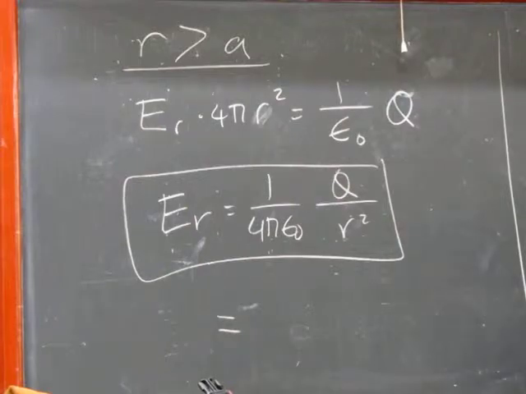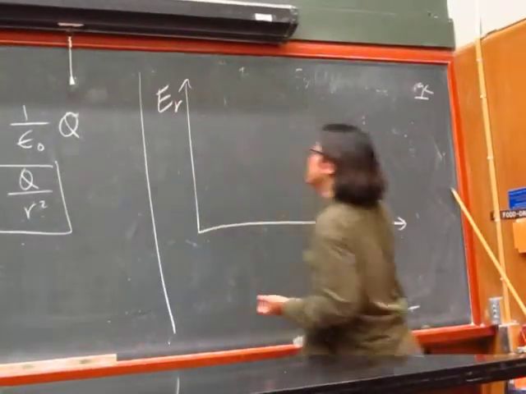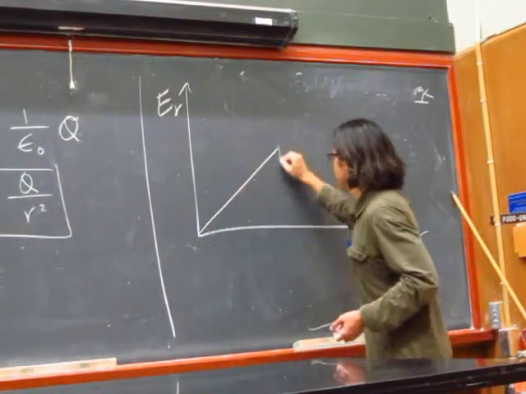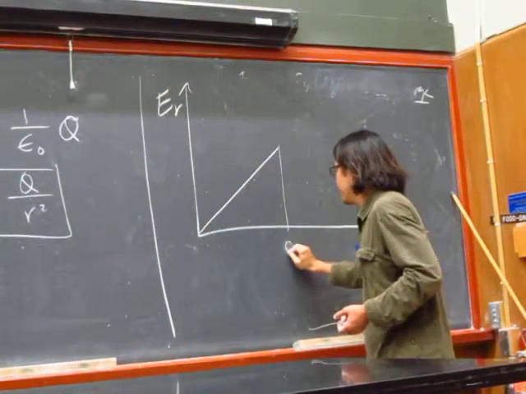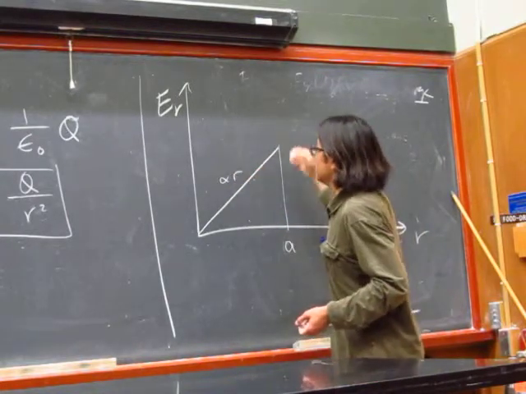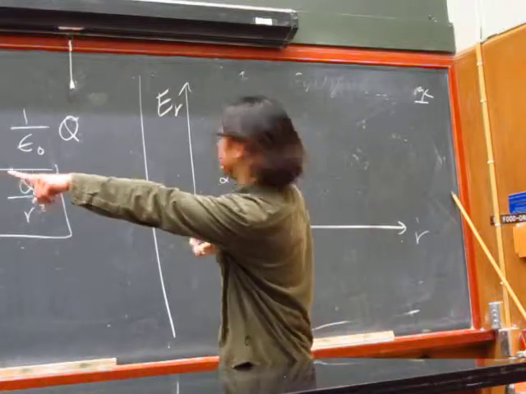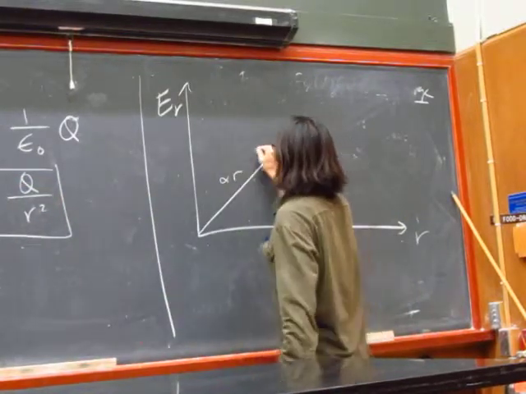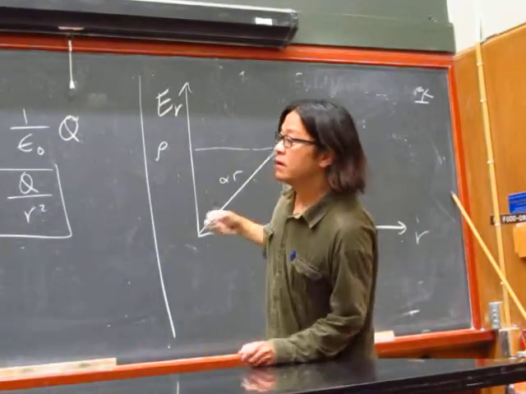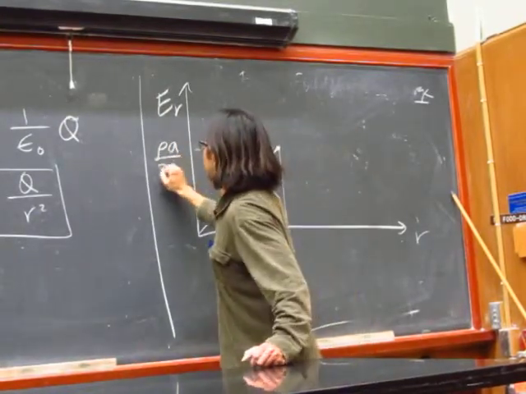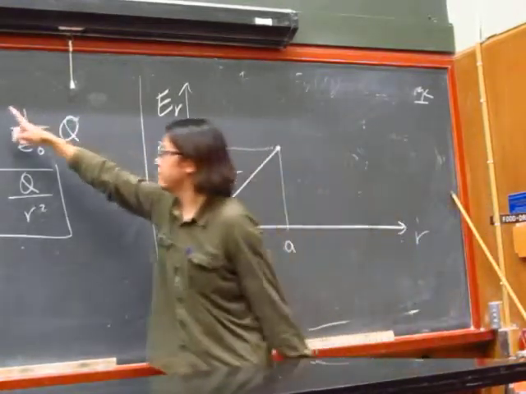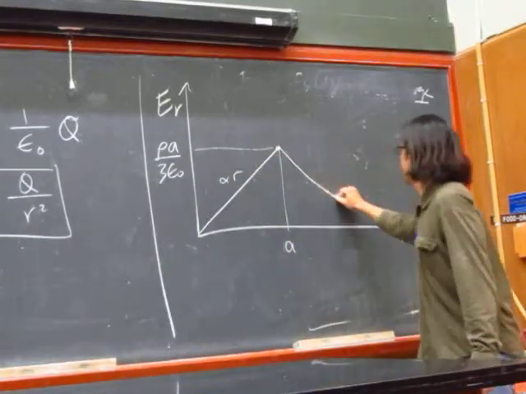if you look at the graph of the radial electric field as a function of r, at the beginning it is linear, up to radius a. This is linear in r, and it's given by that equation. So over here, it's just rho a over 3 epsilon naught. And then outside, where r is greater than a, it goes down like that.